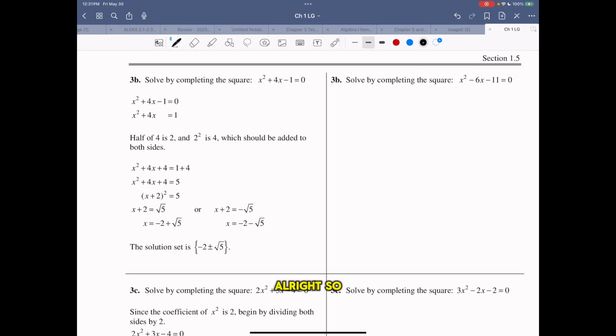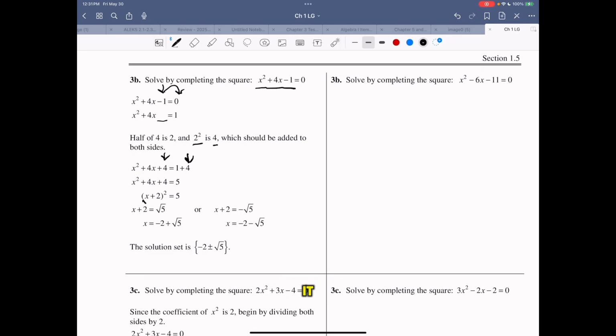All right, so if you see here, whatever you're given, you need to move the constant term to the other side, leave a space. So half of 4 is 2, and then 2 squared is 4. So that's why you write it here, but you also have to add it to the other side.